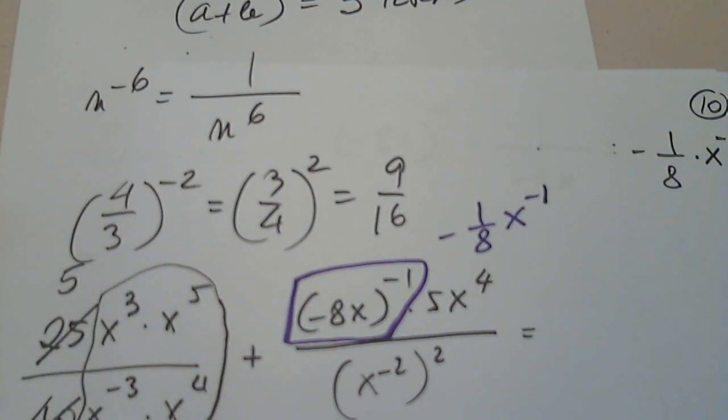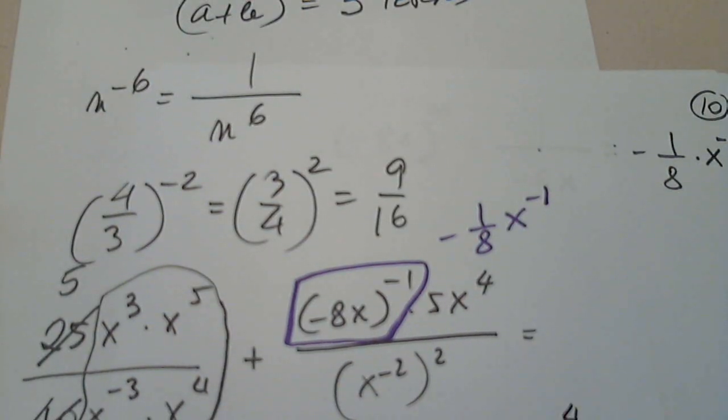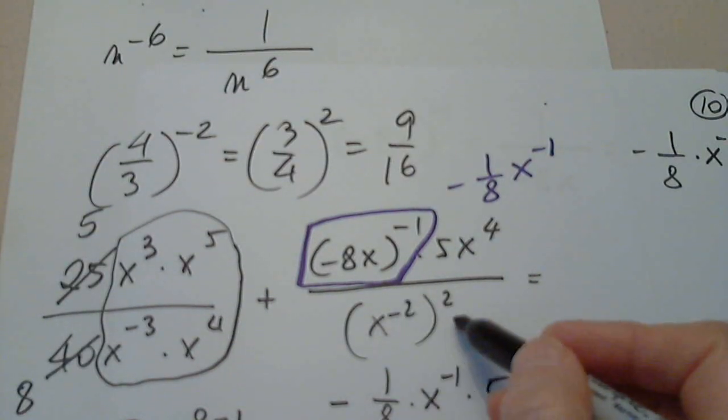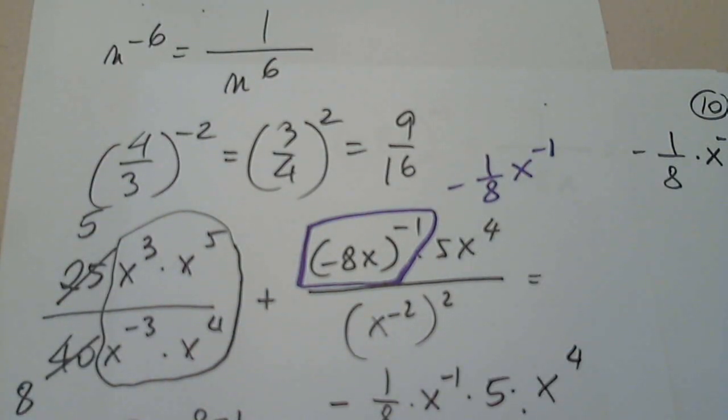I'm going to rewrite it. So we have -1 over 8 times x to -1 times 5 times x to the fourth, and everything divided by, copy the base, multiply the exponents. We haven't finished, but is the step understood?